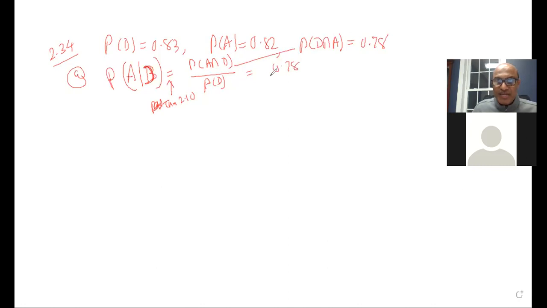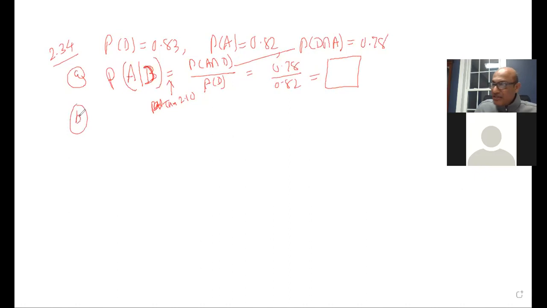So 0.78 divided by probability of D. Whatever number you get is the probability that the flight arrives on time when it departed on time.